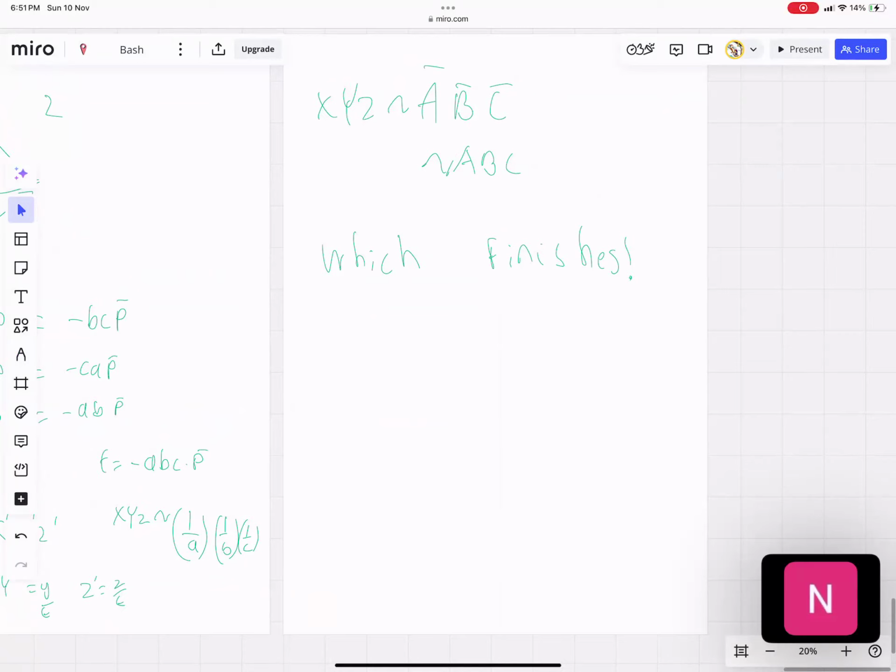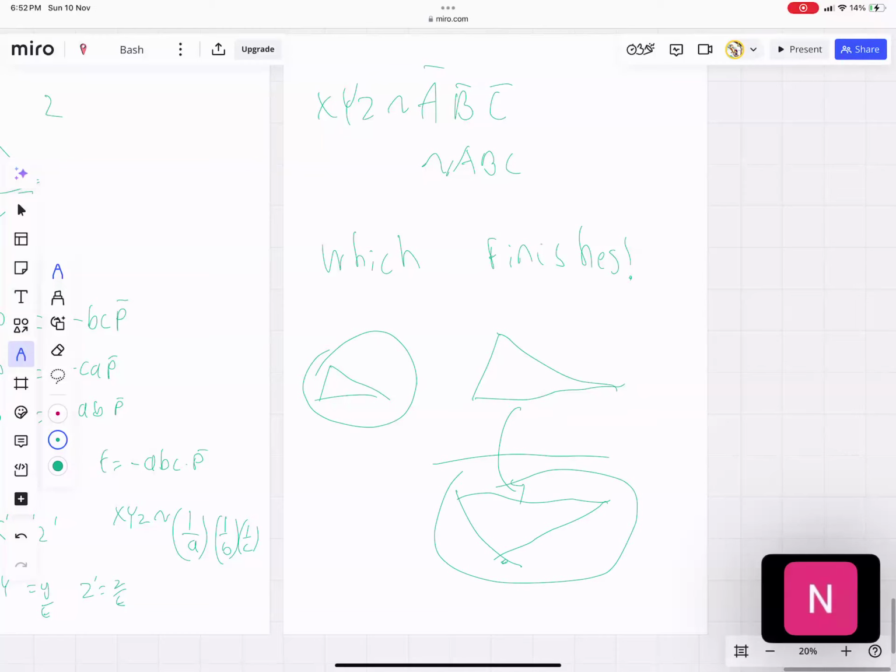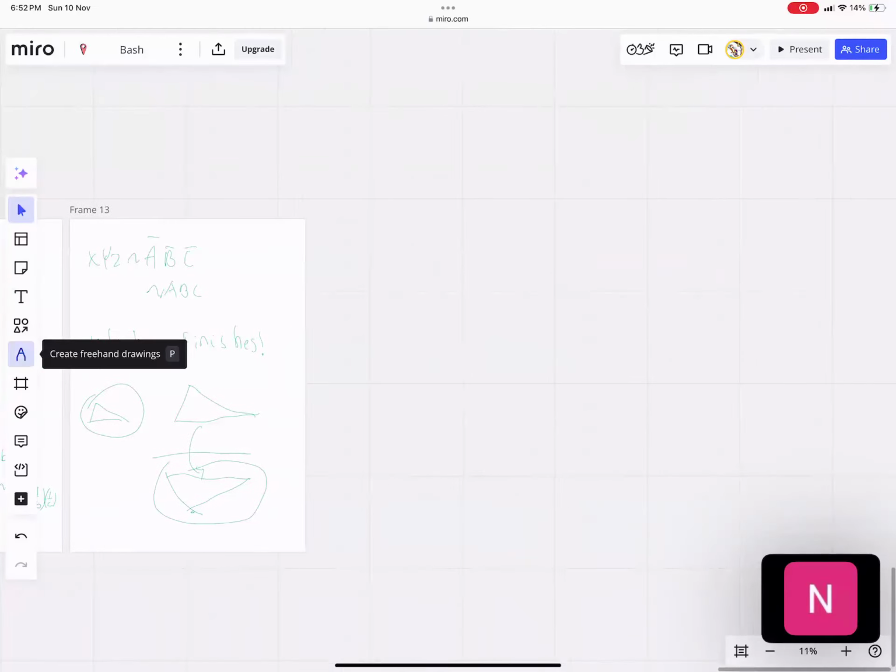So let's say you have these two triangles which are similar, and you reflect this one across the x-axis, you get this. Clearly, this triangle would be similar to this triangle, right? Okay, I got it, I think. Yes. Thanks. No worries.